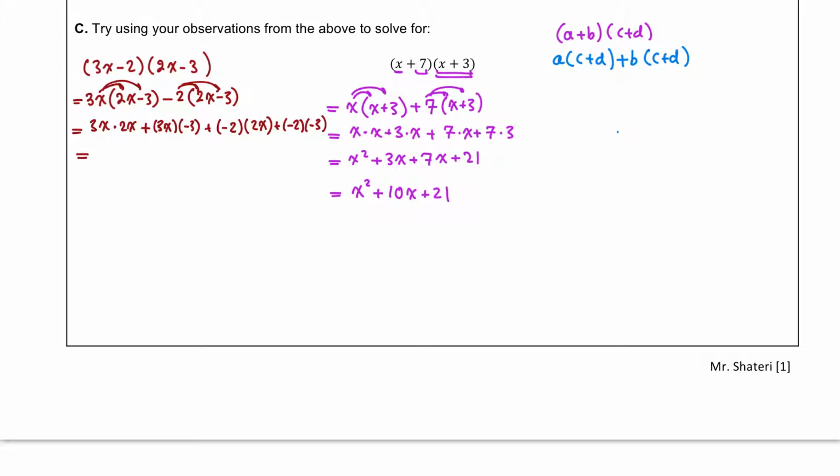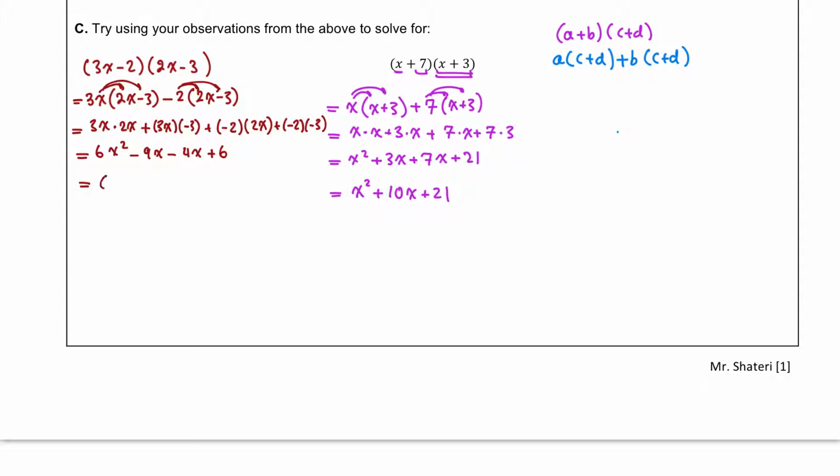So then 3 times 2 is 6x squared. And then 3 times negative 3 is negative 9x. And then I have only one x. Then I have negative 2 times 2x, which gives me negative 4x. And I get negative 2 times negative 3, which is positive 6.